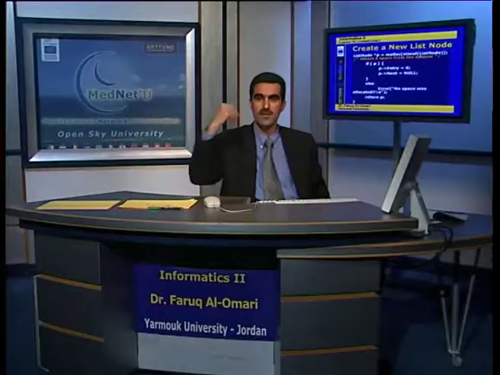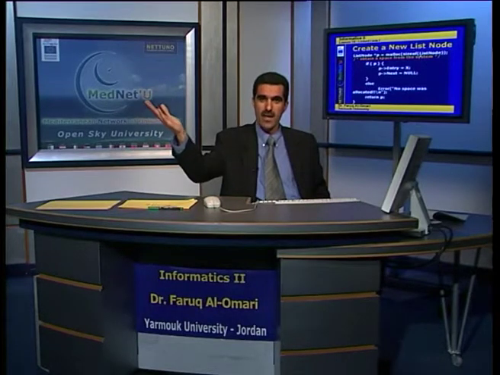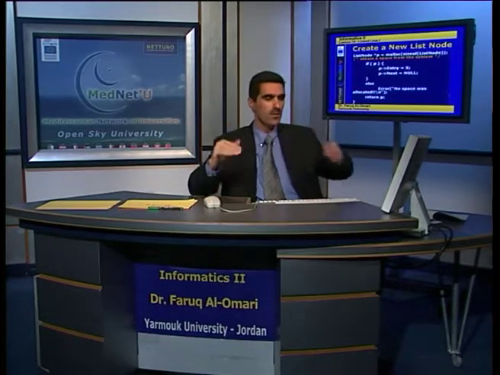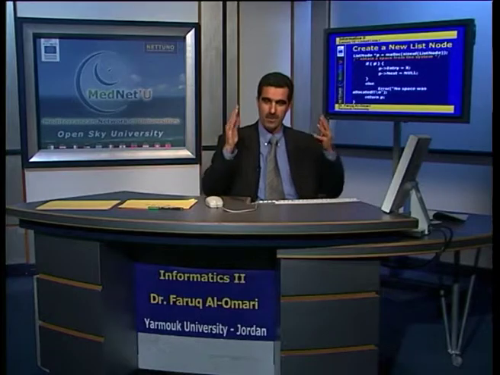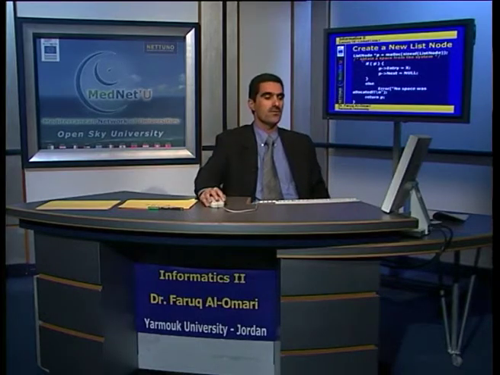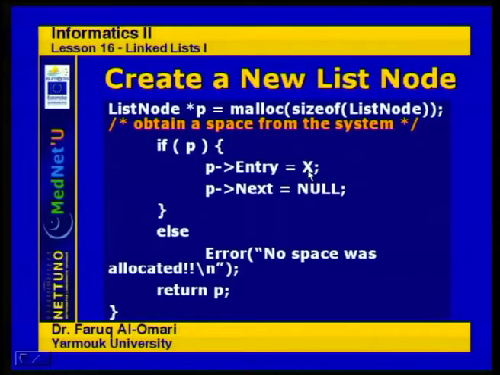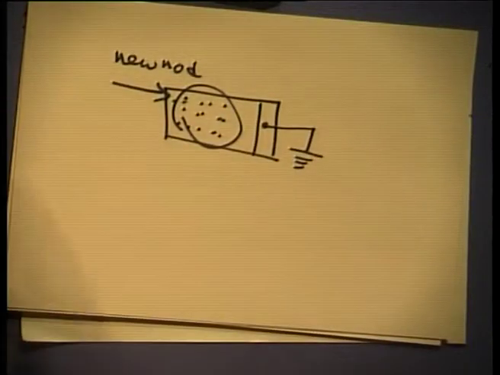Find a suitable place in the memory, and please point to it with P. If successful, that is if P does not equal null, then I'm happy, memory has been allocated. So initialize the node now. Put the data inside it, and make it point to null. So P arrow next is going to point to null this way.